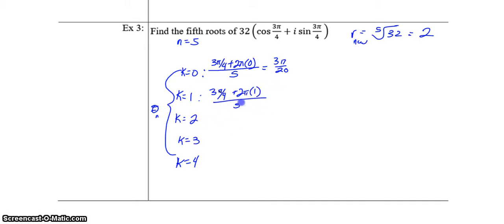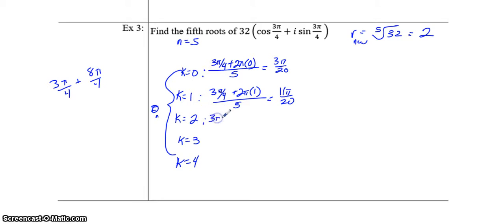Now, hesitating, that's okay. So over here, 2 pi. So we get 11 over 4 divided by 5, or times a fifth. 11 over 20 pi.